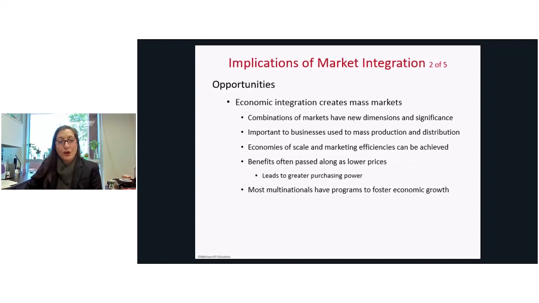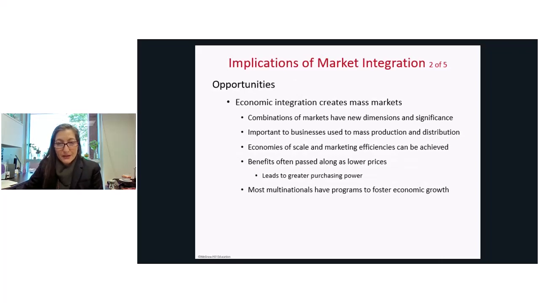We can recognize specific opportunities, however, and it's because economic integration actually creates mass markets. When we have multinations coming together, we have combinations of markets that have new dimensions and significance. And this is very important to businesses who are using mass marketing strategies such as mass production and mass distribution.